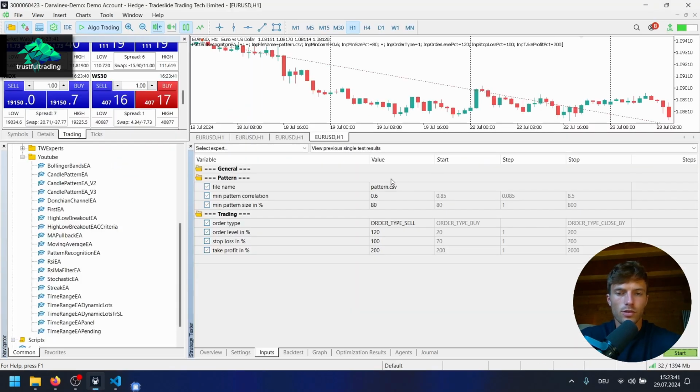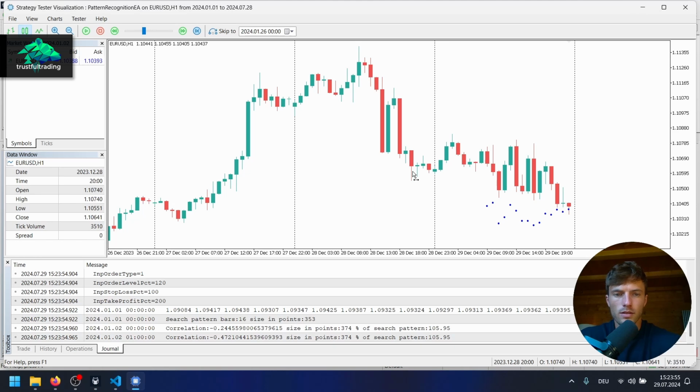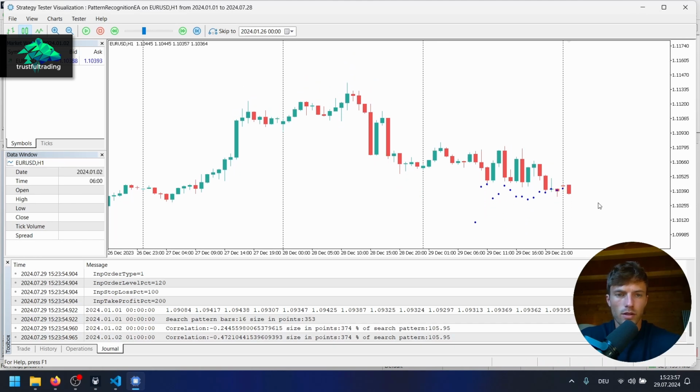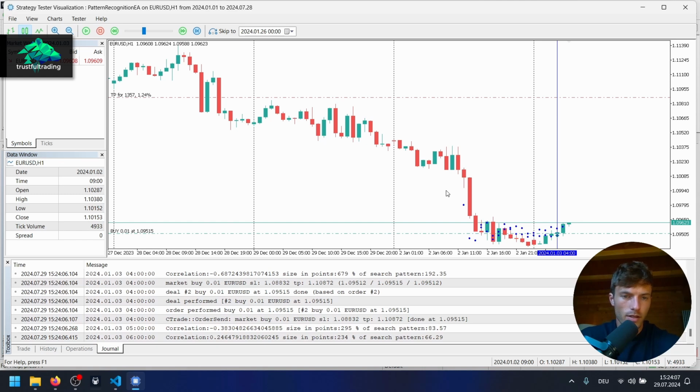What we also could test is to see if we get a pattern with a negative correlation. So I will just start maybe at the beginning of the year. Let's see. We are still with the sell order with a high negative correlation, like here.